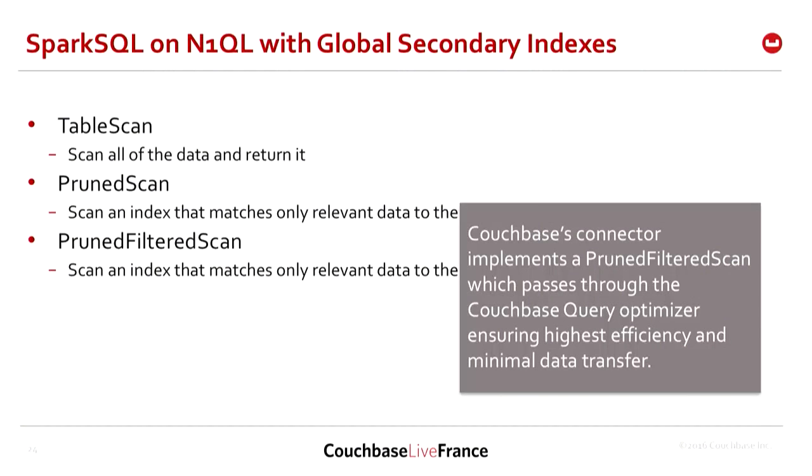The prune filtered scan is the one that we have implemented, and this lets me say, I only want these rows, and I only want these columns. So it's the most efficient way. It minimizes the data interchange between the data source and Spark. So we pass through our query optimizer, making sure that your predicate's pushed down, and that we only pull back into Spark the data that we need, rather than having to pull everything and then reprocess those predicates.